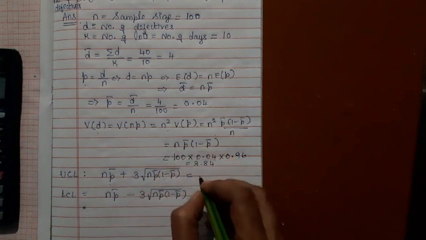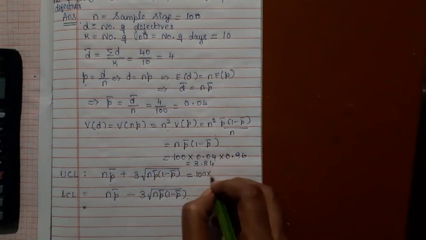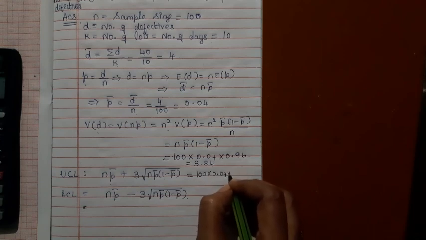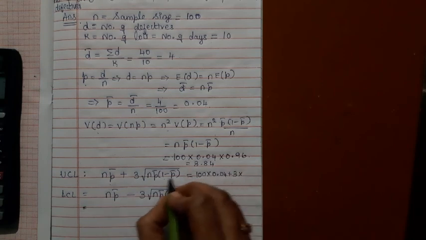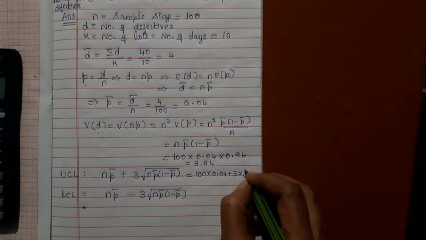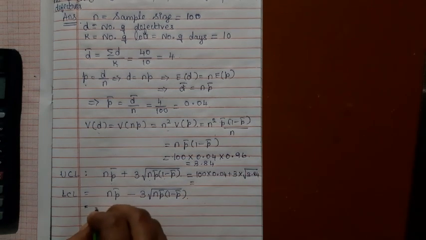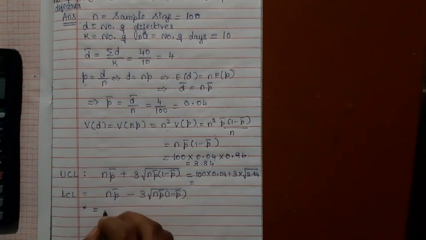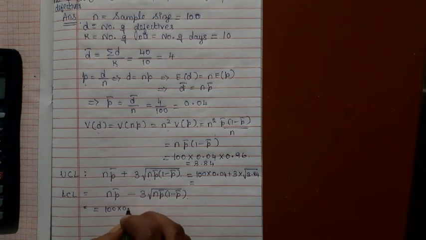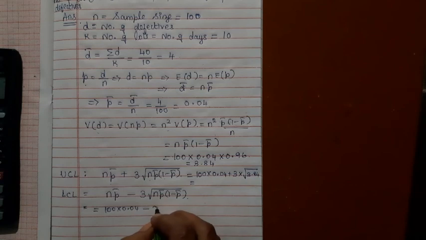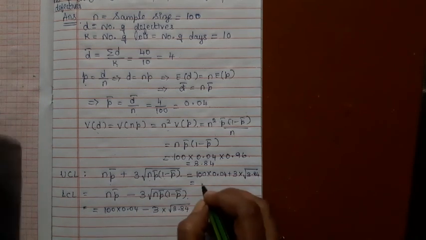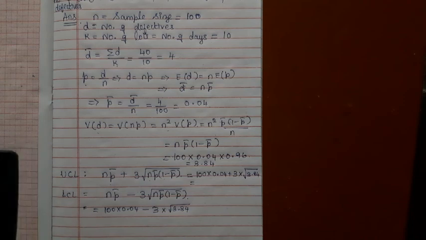Now let us find the upper control limit, which is NP bar, right? What is your N? 100 and what is your P bar? 0.04 plus 3 into square root of NP bar into 1 minus P bar, square root of 3.84. And your LCL is 100 into 0.04 minus 3 into square root of 3.84. Okay, let us compute this.